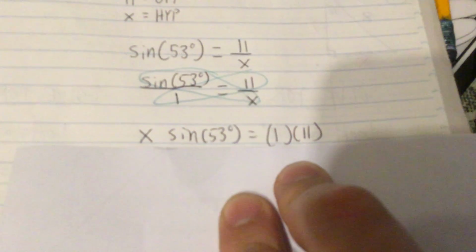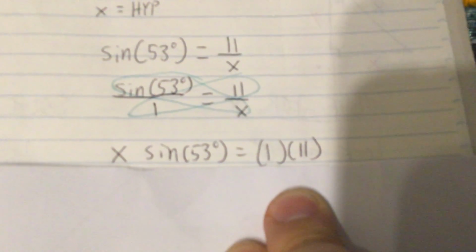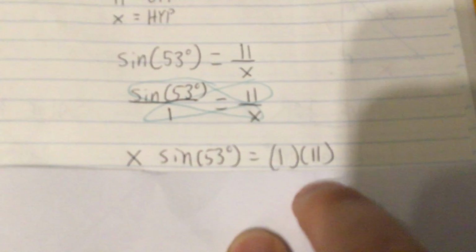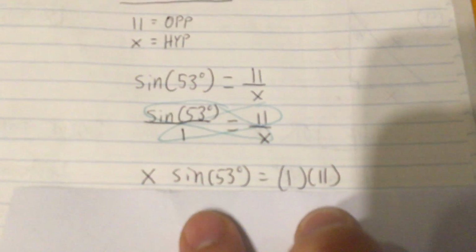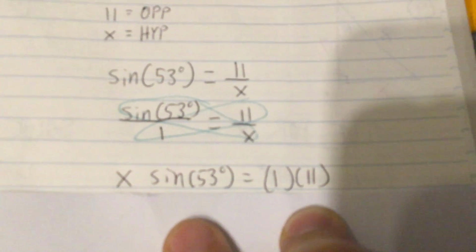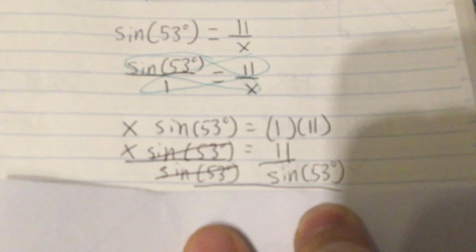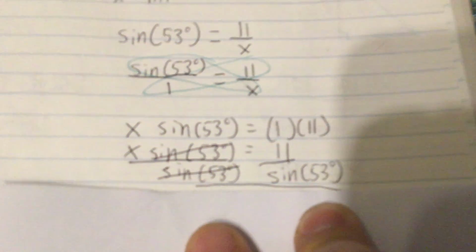So x sine of 53 degrees is equal to 11. How do I get rid of that sine of 53 degrees? I'm going to divide both sides of the equation by sine of 53 degrees.